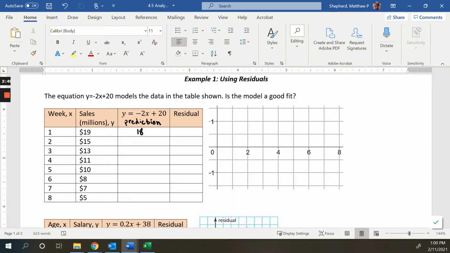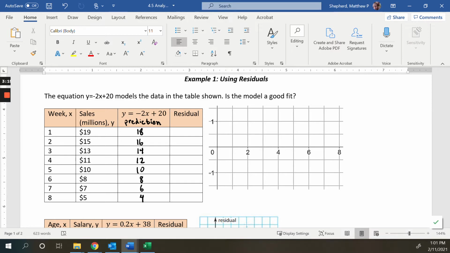All right, and then -2 times 2 would be -4. -4 plus 20 is a 16. And in fact, because of this slope of -2, it's just going to go down 2 each time. So no need to make this any harder than it needs to be.